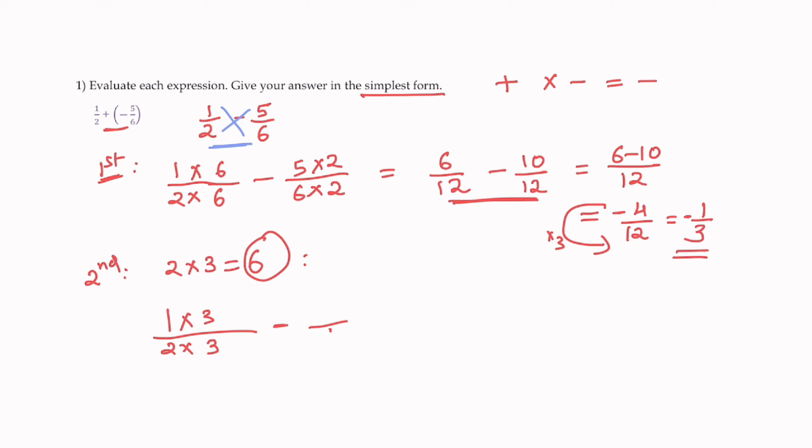Now the denominator of the second fraction is already 6, so you do nothing there. That is 3 over 6, the first fraction, minus 5 over 6, which is equal to 3 minus 5, giving us minus 2 over 6, and this is further simplified to give minus 1 over 3.